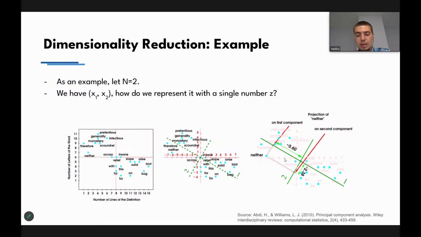And actually, this is a very good way to represent a certain word with one number. You just project the word on the line and use the distance from the 0 as your encoding. And we have encoded 2 numbers into 1. Of course, there will be some loss of information, which would be evaluated by the distance to this axis.